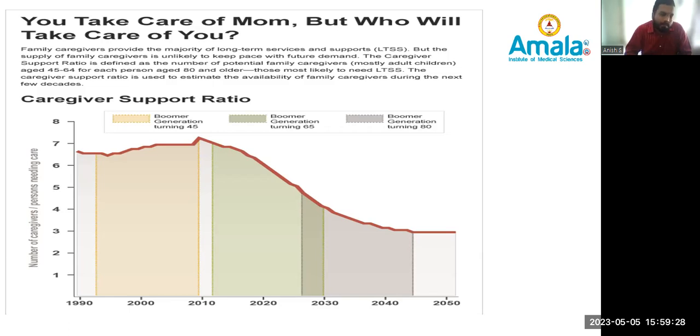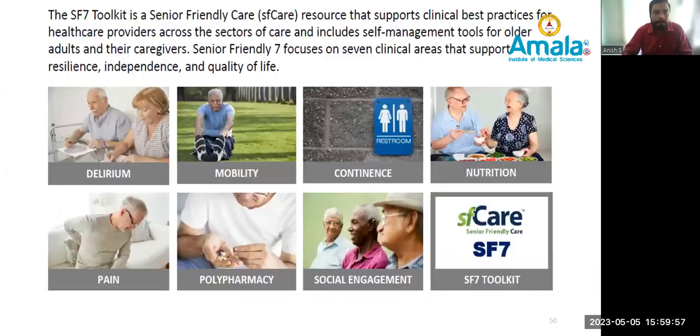You might be taking care of your mother now, but who will take care of you? Who will be there at that time? Caregiving and caregiver stress is an important aspect, because it's teamwork. It's a team with the healthcare providers, the patient at the center, and the caregiver having the most important role, especially if the patient has dementia or has become totally dependent for activities of daily living.